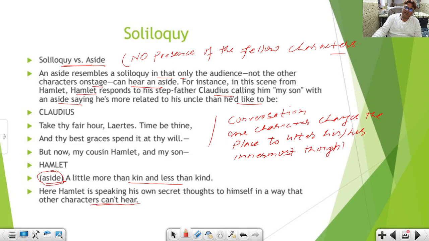Are you getting it? That means the character changes position, the place where the conversation is going on, the character will move a little away from there, and then he starts speaking or expressing his other moods, feelings and thoughts. So that is called aside. So now it's clear: soliloquy, monologue and asides. Now we move ahead.